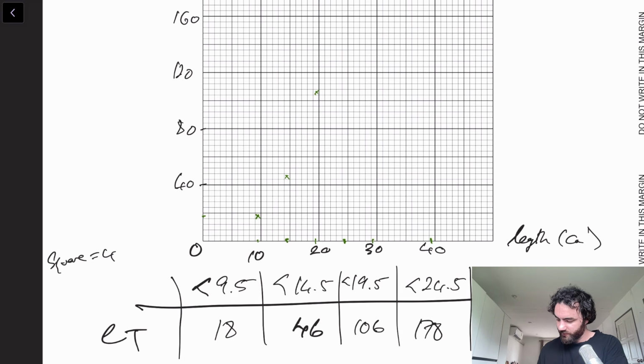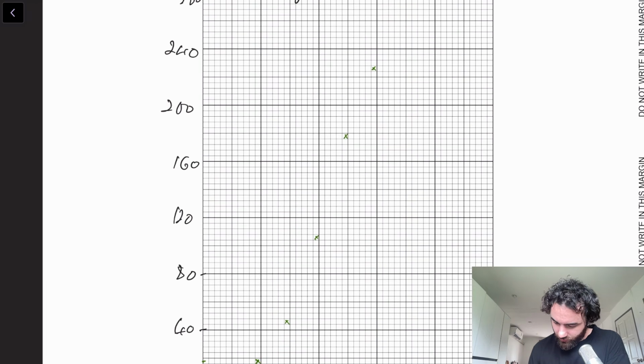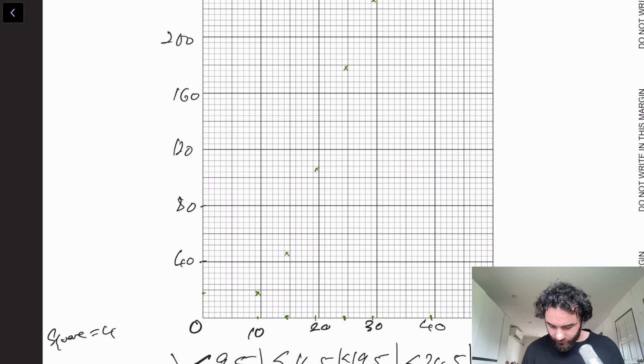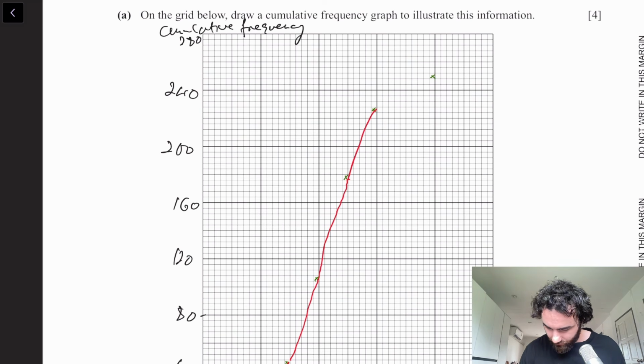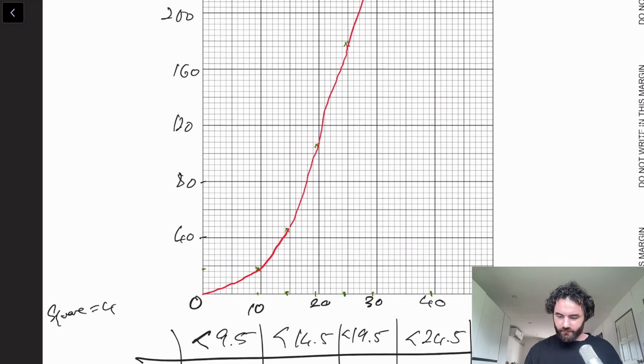And 250 divided by 4 is 62.5. 62.5 is here. Okay, and I guess you could sketch this out. It goes from 0 to here to here. It's poorly drawn, but whatever, you get the idea. Okay, so it looks kind of like that. And that's it.